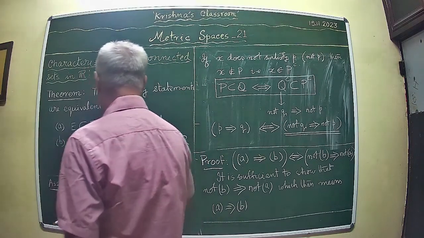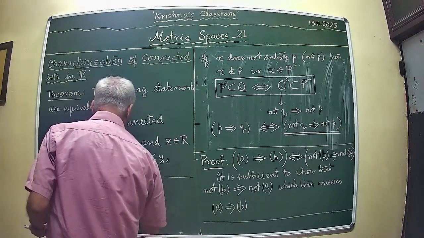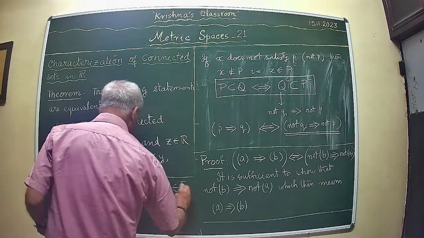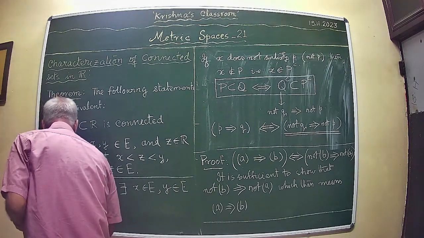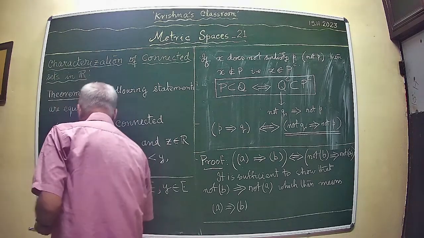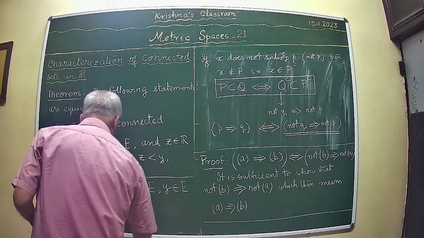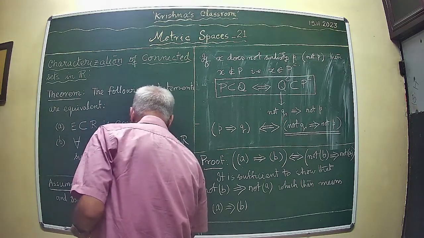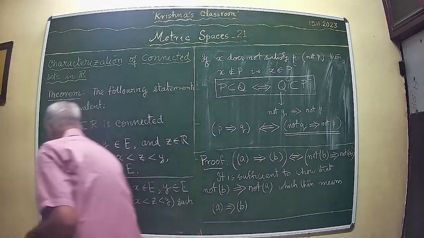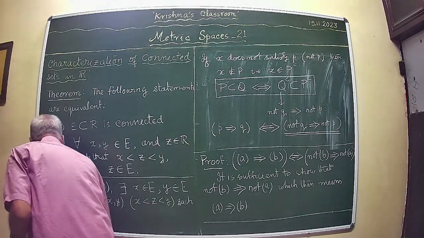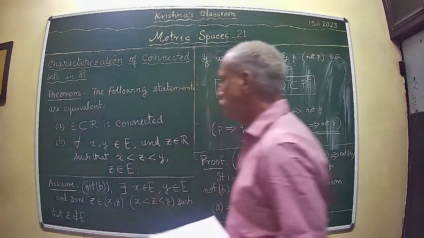The negation of this statement is that there exists X belonging to E, Y belonging to E, and some Z belonging to the open interval xy, which is equivalent to saying x less than z less than y, such that z does not belong to E. So that is the negation of the statement.